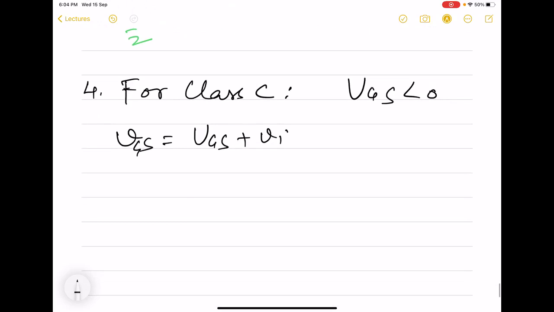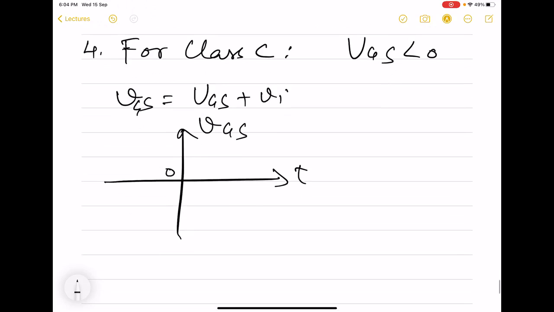So here we will have this scenario. And gate to source is negative now. But my input is going to oscillate about this line.